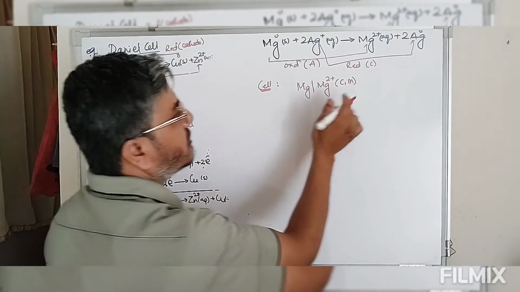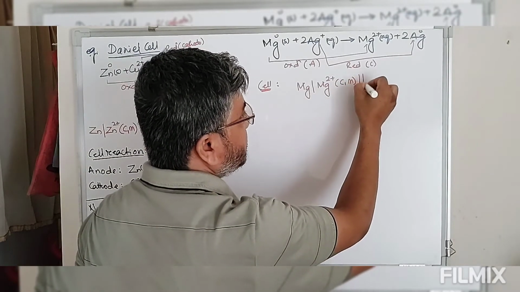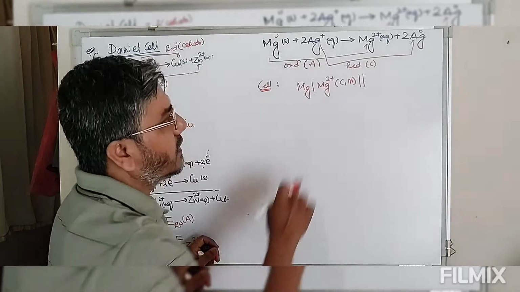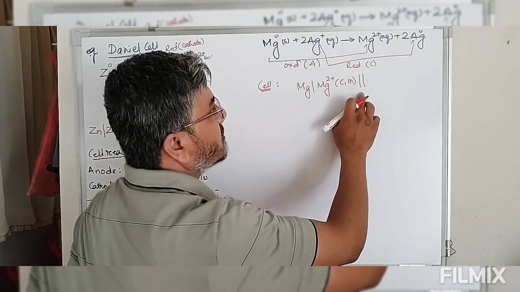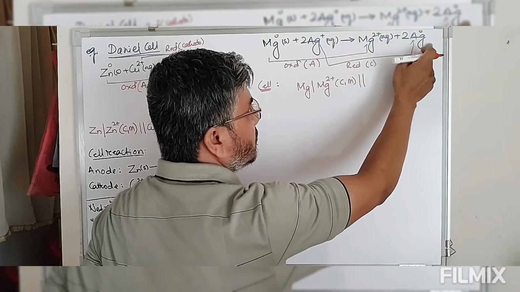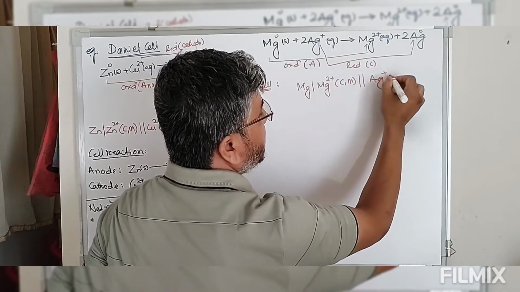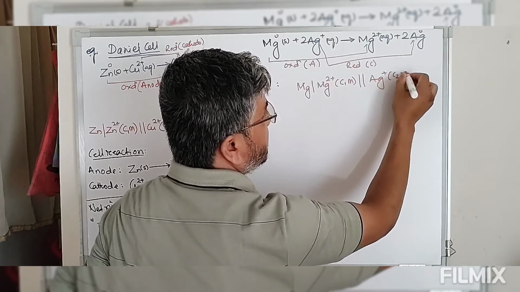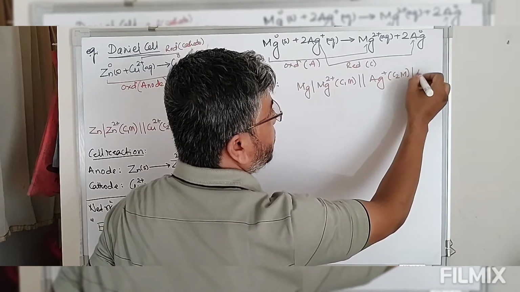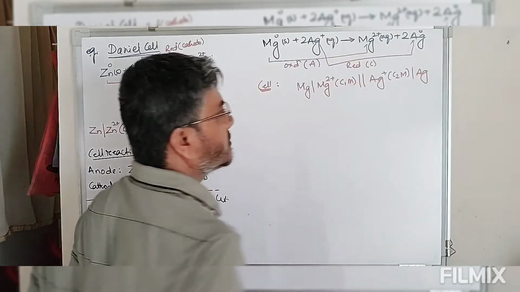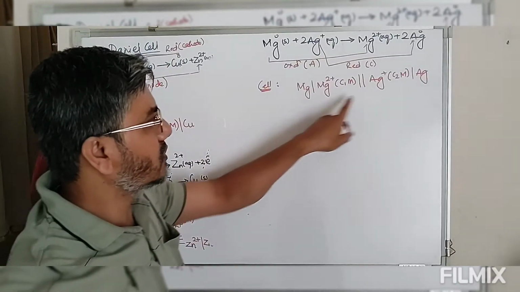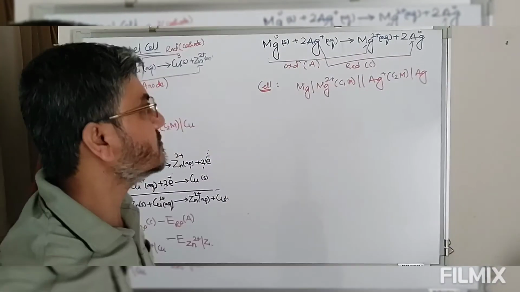Then we have salt bridge. Then we have cathode, oxidized form to reduced form. So we have Ag plus aqueous solution. Let's suppose concentration is C2 molar in contact with Ag solid. So this is anode, this is cathode.